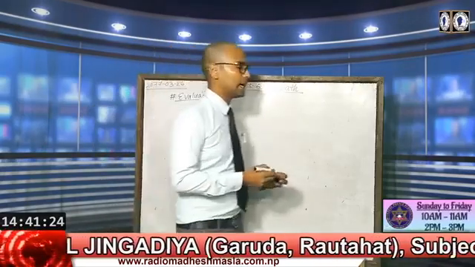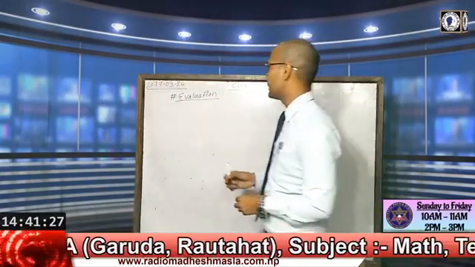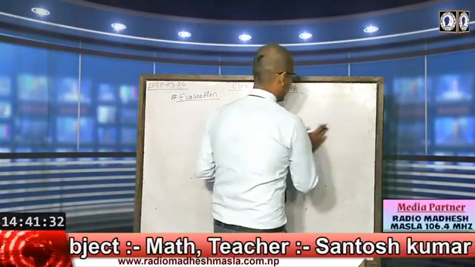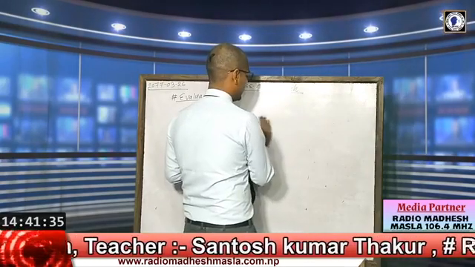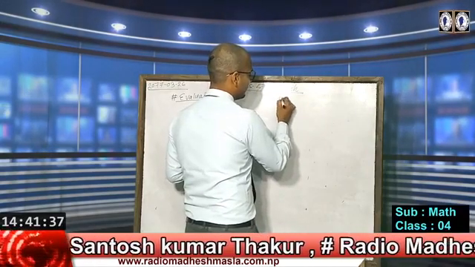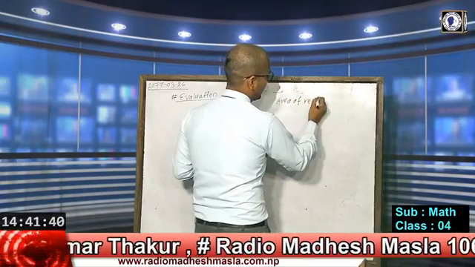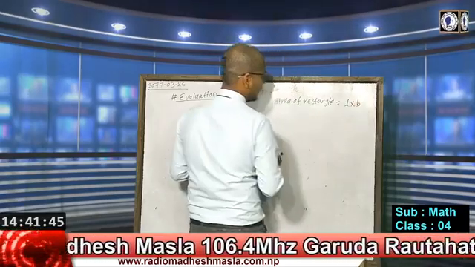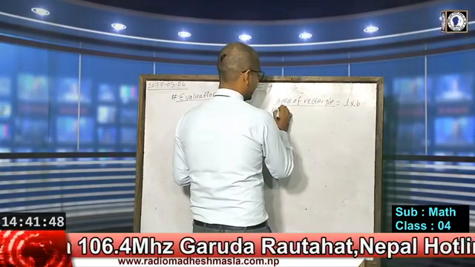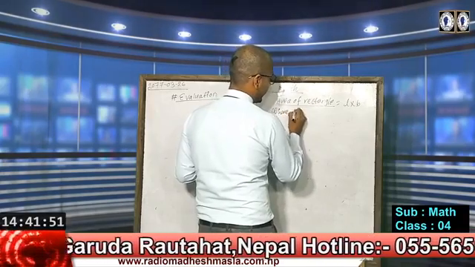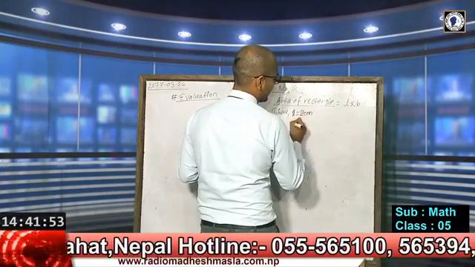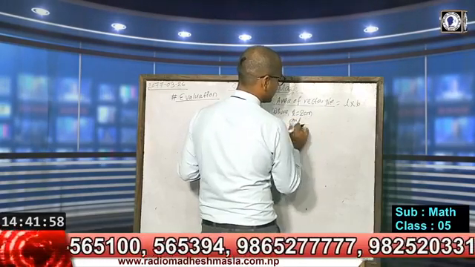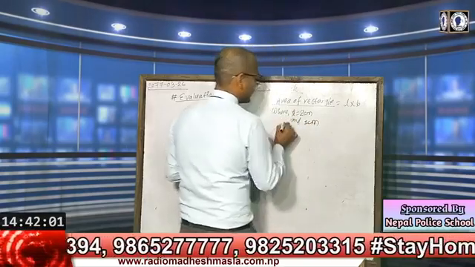Students, as you know, sometimes we are given some values like this. For example, to find the area of a rectangle we use the formula L into B. Suppose L is equal to 2 cm and B is equal to 1 cm.